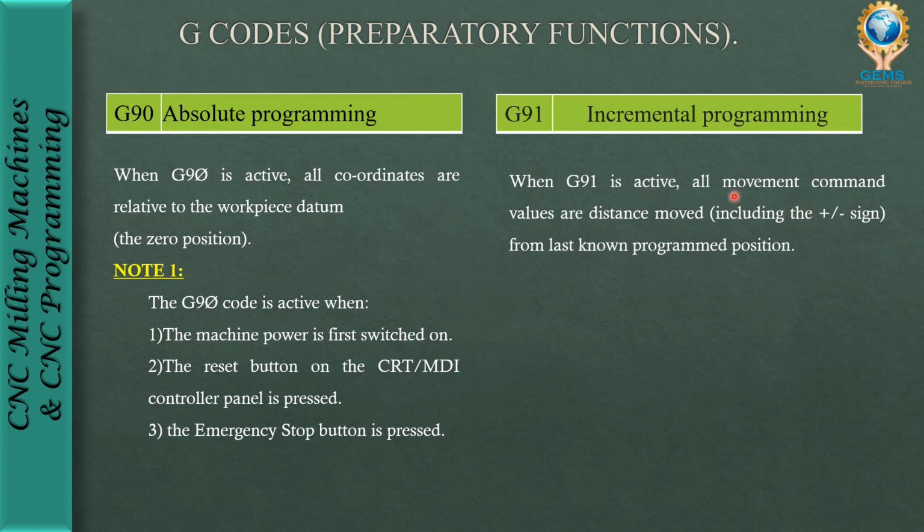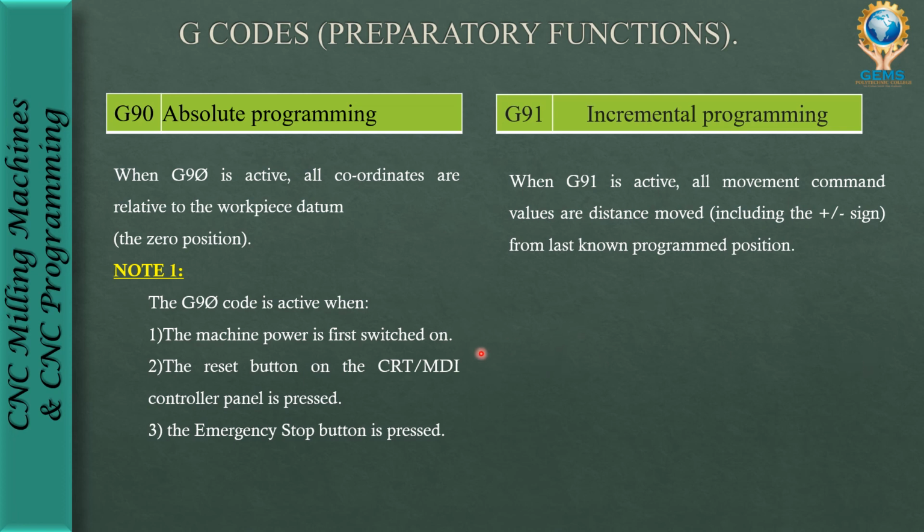And when G91 is active, all the movement command values are distances from the last known programmed position. So we call it incremental programming. Incremental programming means it takes the previous position as the zero position, or the datum point, and from that point it moves to the next position.